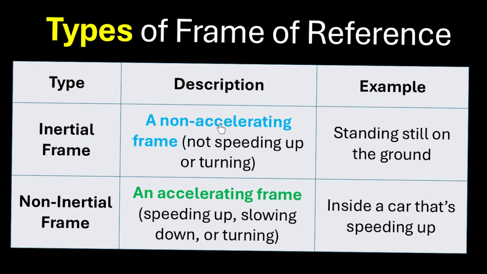A non-accelerating frame is otherwise called an inertial frame, and an accelerating frame is otherwise called a non-inertial frame. Why? In an inertial frame, Newton's laws of motion do apply, and in a non-inertial frame, Newton's laws of motion do not hold true. Okay, more of this later in the discussion.